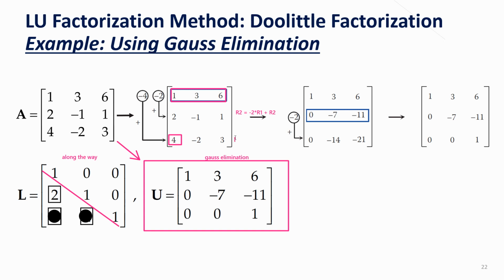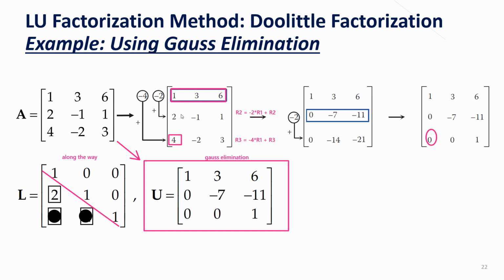The new value of row 3 will equal -4 multiplied by row 1 plus the old value of row 3, right? So you have 1 multiplied by -4, which is -4, plus 4 is 0 here.